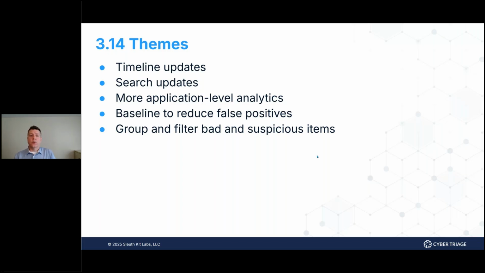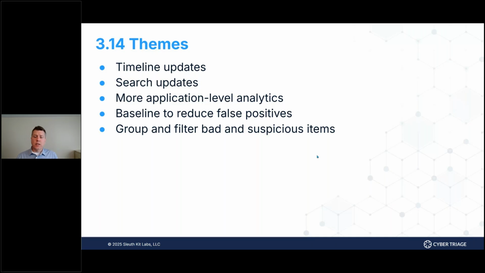One other feature request we get fairly regularly, for people that are monitoring a known environment, is the ability to create a baseline collection, a baseline image that they can use to say, okay, this is part of our known good system. We don't want to see any alerts or any scores related to these known good items from within our environment.